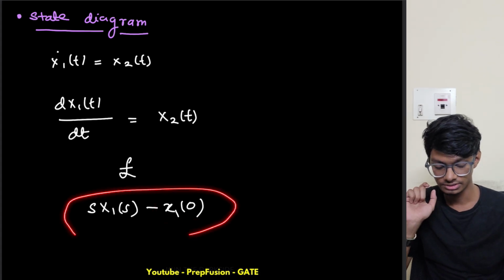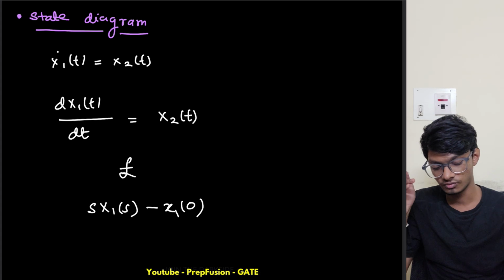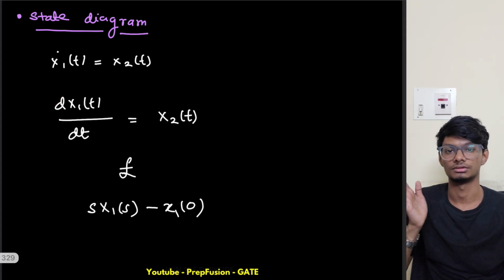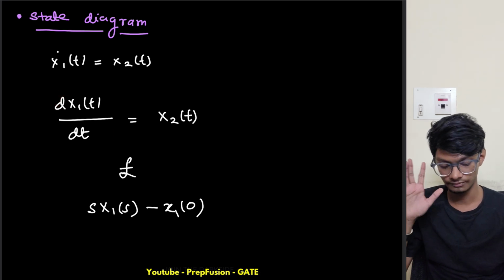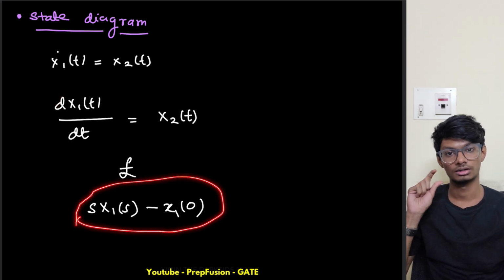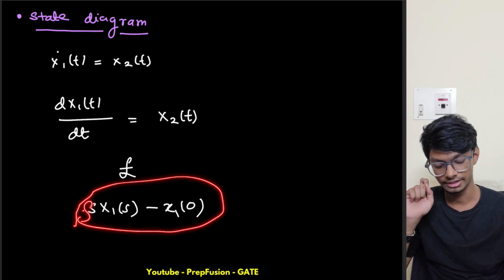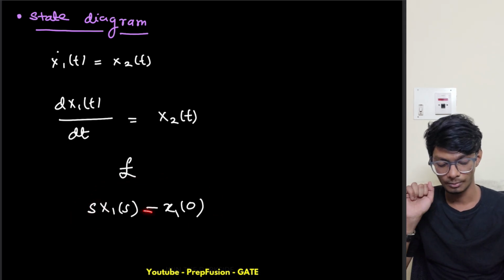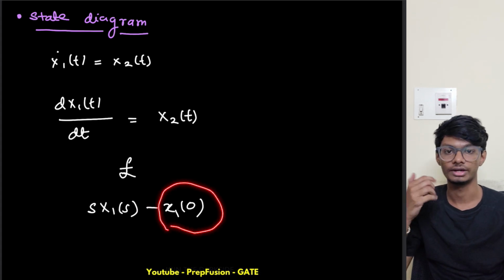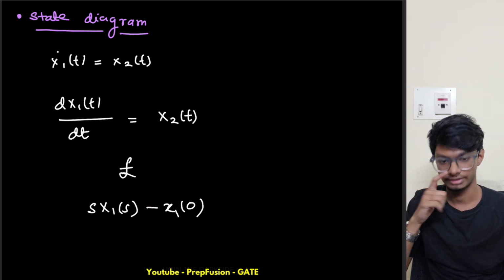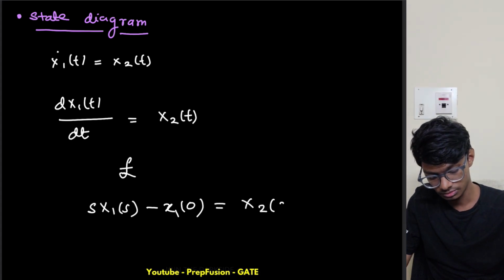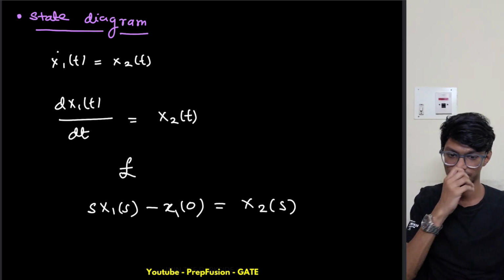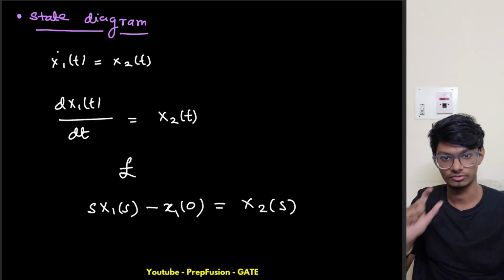But just to remember, this is very, very important: if we take the unilateral Laplace of a differentiation, then we get s times X1(s) minus the initial value of that variable, x1(0), which will be equal to simply X2(s). So these things you have to keep in mind.